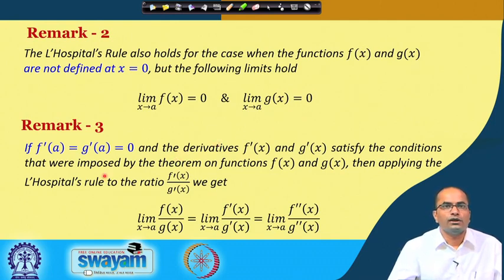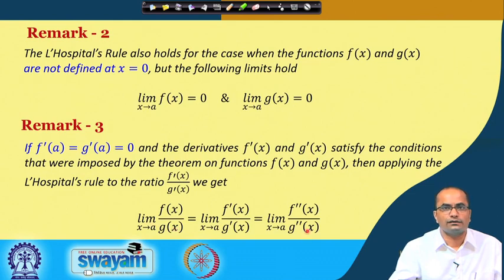Another remark. If we realize that the first derivatives are also 0 at a, and the derivatives f prime and g prime satisfy the conditions that were imposed earlier on functions f and g, mainly the continuity and differentiability, then we can apply the L'Hopital rule again to this f prime over g prime, because a similar situation is happening now for f prime and g prime, because they both are 0.